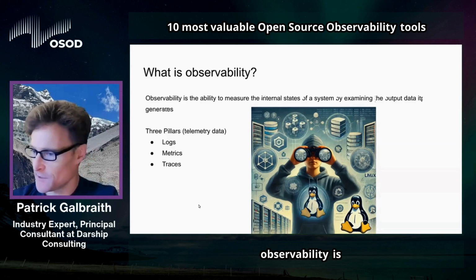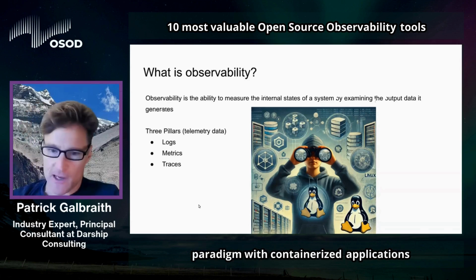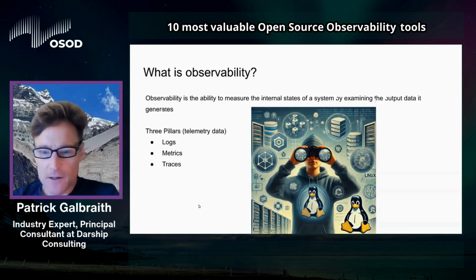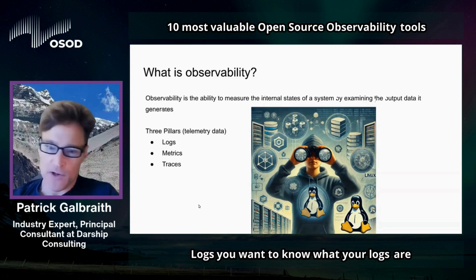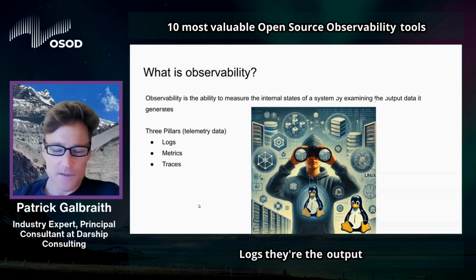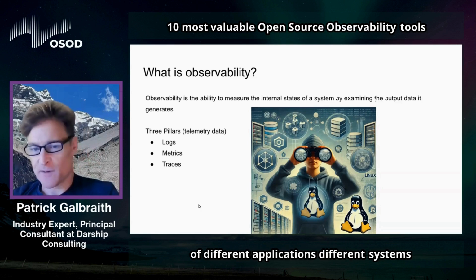Observability comes into play with a new paradigm with containerized applications, a scattered plethora of microservices that are interdependent, logs, and you want to know what your logs are, traces, metrics. Logs are the output of different applications, different systems.